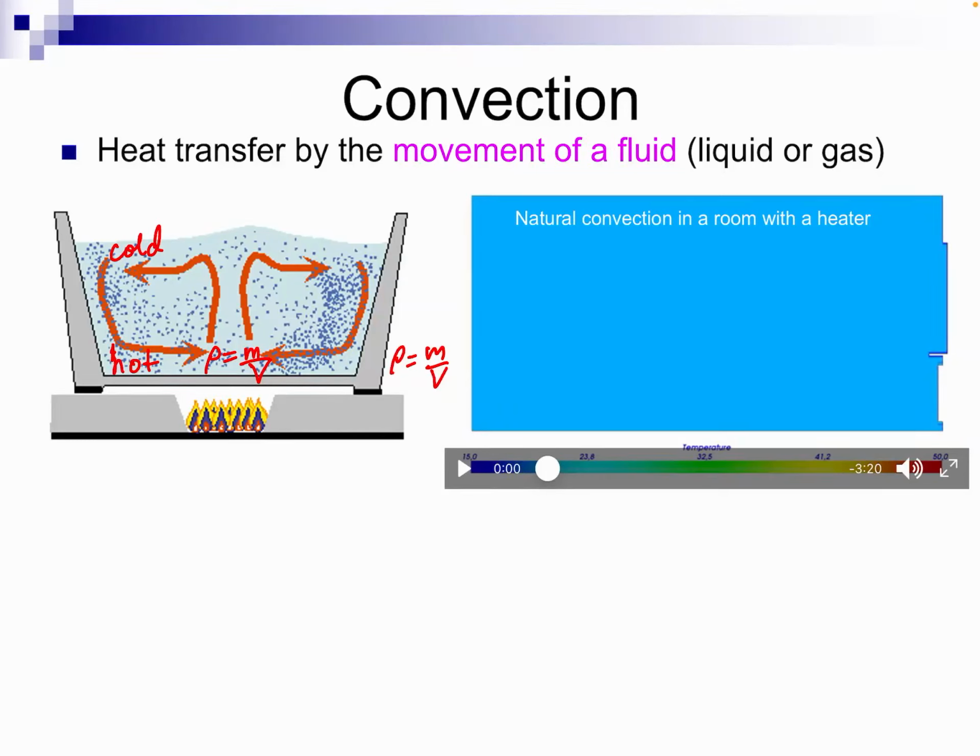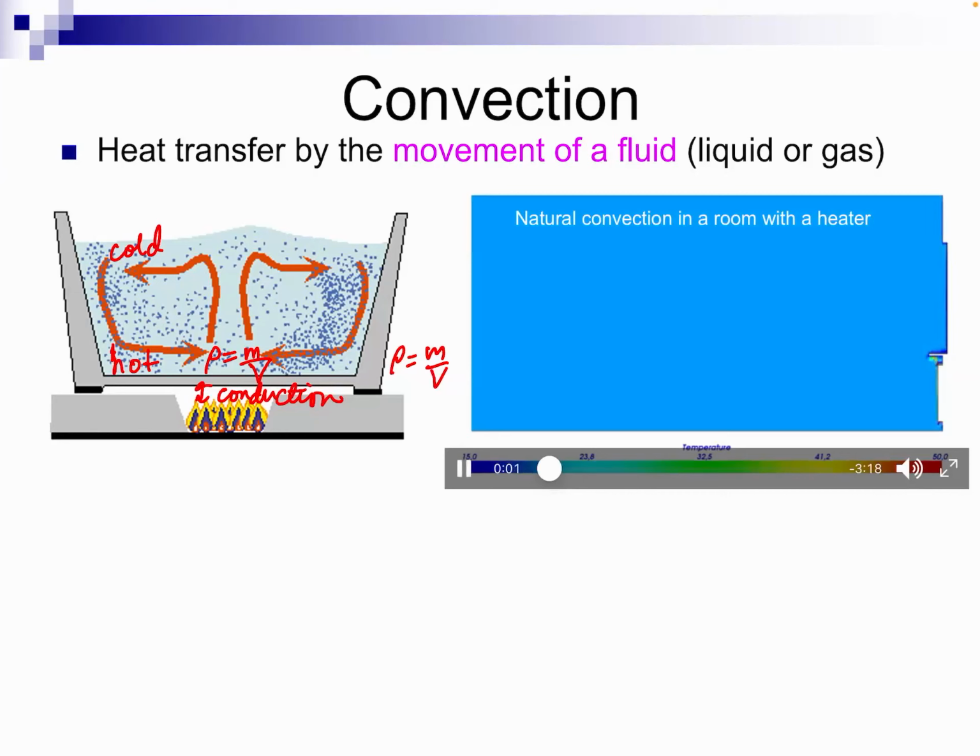Right. So there is really an actual movement of particles in heat transfer by convection. So between the flame and the pot, of course, this one will be heat transfer by conduction, but within the pot, with the water molecules, it's heat transfer by convection.